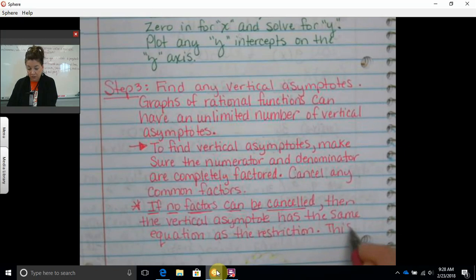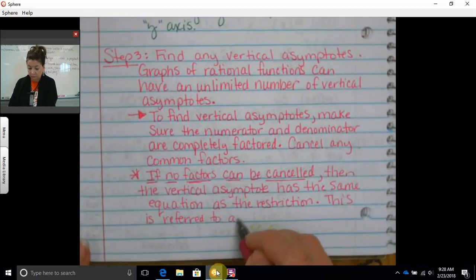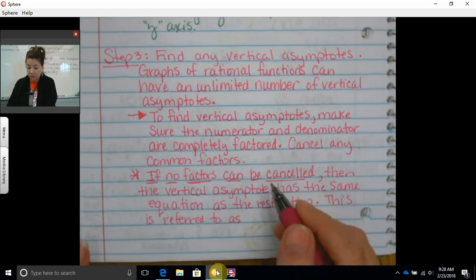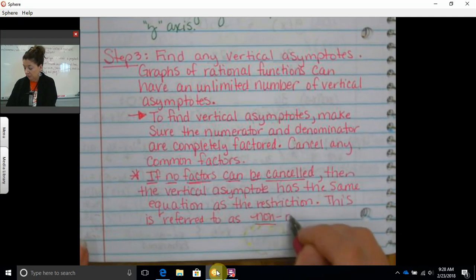This is referred to as non-removable discontinuity.